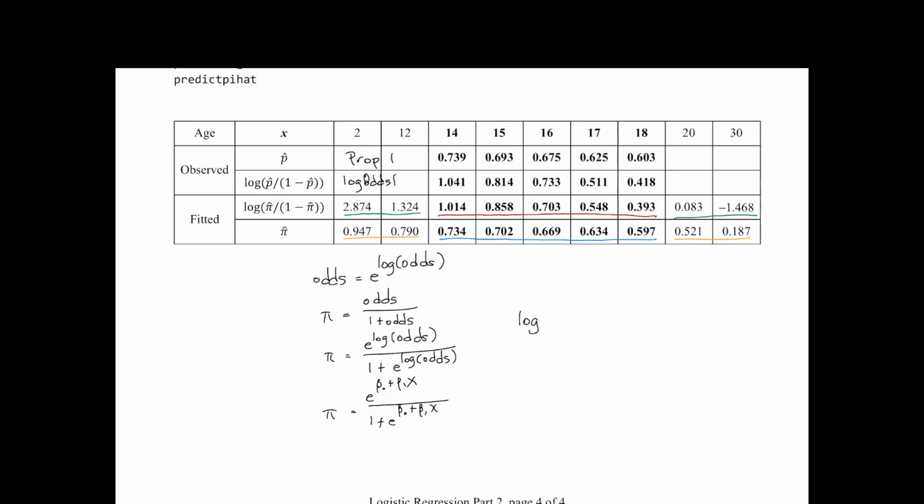So again, the log odds is what we fit the linear model to. Okay, so if we raise e to the log odds, then we're raising e to this beta naught plus beta 1 times x.